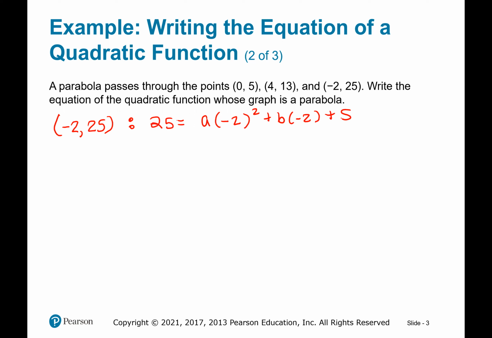C is 5, correct? So what do I get? Subtract 5 from both sides, and I get 4A minus 2B equals 20. So there's one equation.